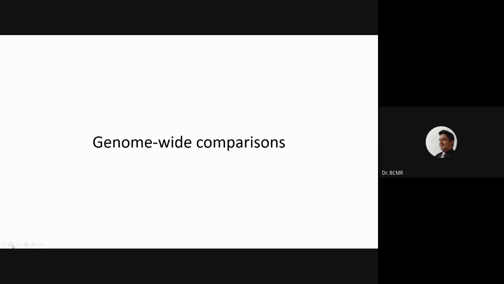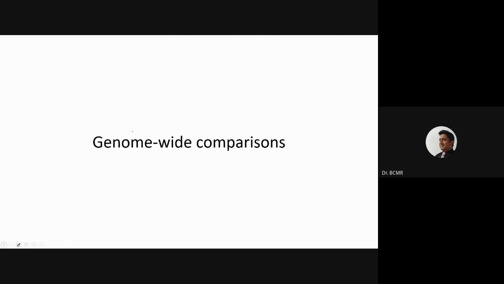So now we will look at genome-wide comparisons, and I will look at only one, and then I think we will stop there. It will take a lot of time. Genome-wide, in the last 30, 40 years, everything has become high throughput. Nobody is looking at individual genes anymore.